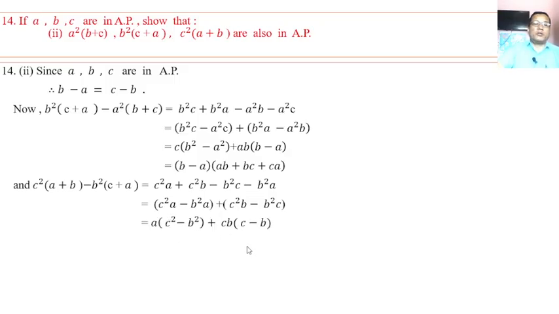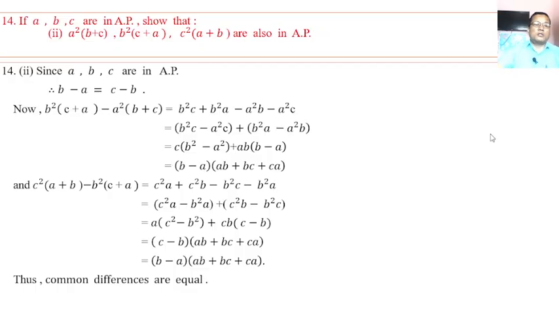When factorizing, we get c minus b. C minus b equals b minus a. Then these two rights are equal, therefore lefts are equal. Thus the common differences are equal, hence the expressions are also in AP.